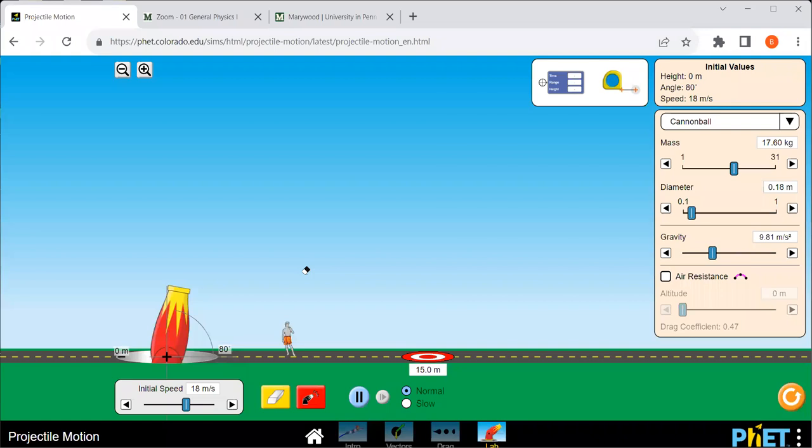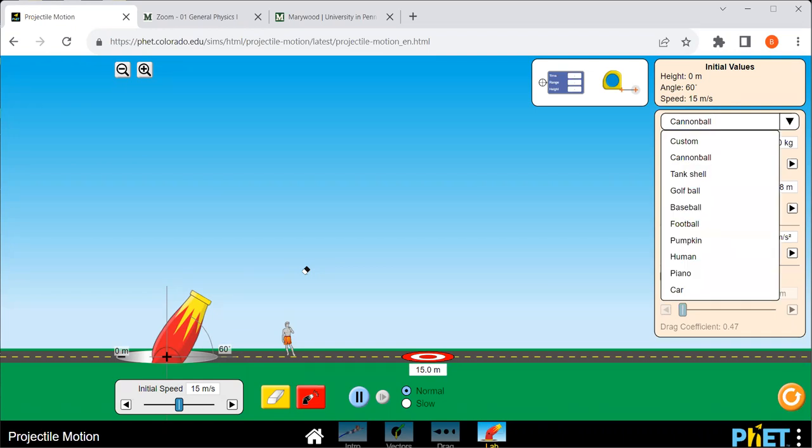So here you see we have a cannon, and we have the option to change its direction. You can change the angle, and you also have the option to change the initial speed, but we can only go up to 30 meters per second. Here we also have the option to change the cannonball to different things.